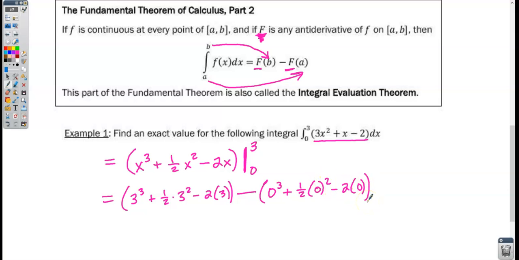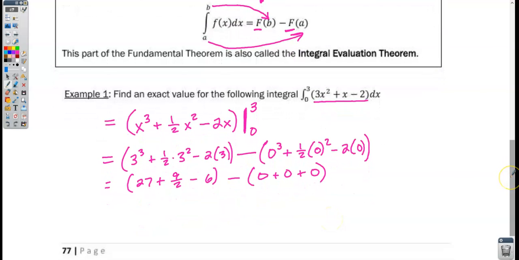And I'm going to calculate the values of these things. 3 to the third is 27. This is 9/2 minus 6. I always like when that happens when I'm evaluating integrals: all of those values are 0, so we're going to just have a 0 to subtract away at the end.